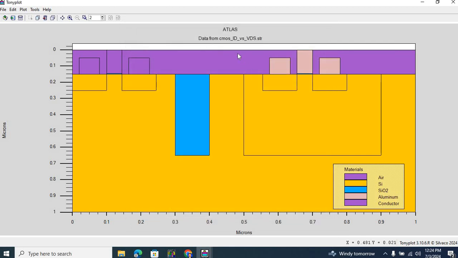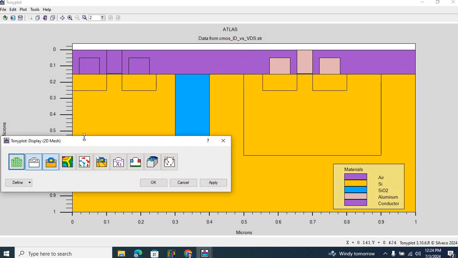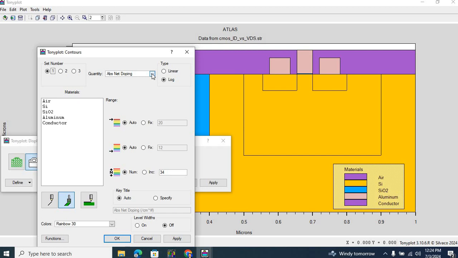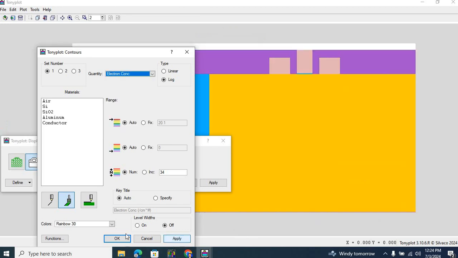Similarly, this is the structure for the ID versus VDS characteristics. So we can look at the electron concentration profile for this curve as well. Hit apply.